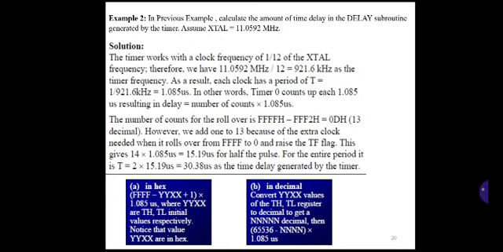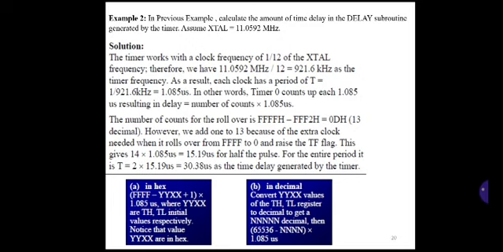A square wave consists of T on and T off. So that is the total time. So T is equal to T on plus T off. For a 50% duty cycle square wave, one half requires 15.19 microseconds. The other half also requires the same value, 15.19 microseconds.